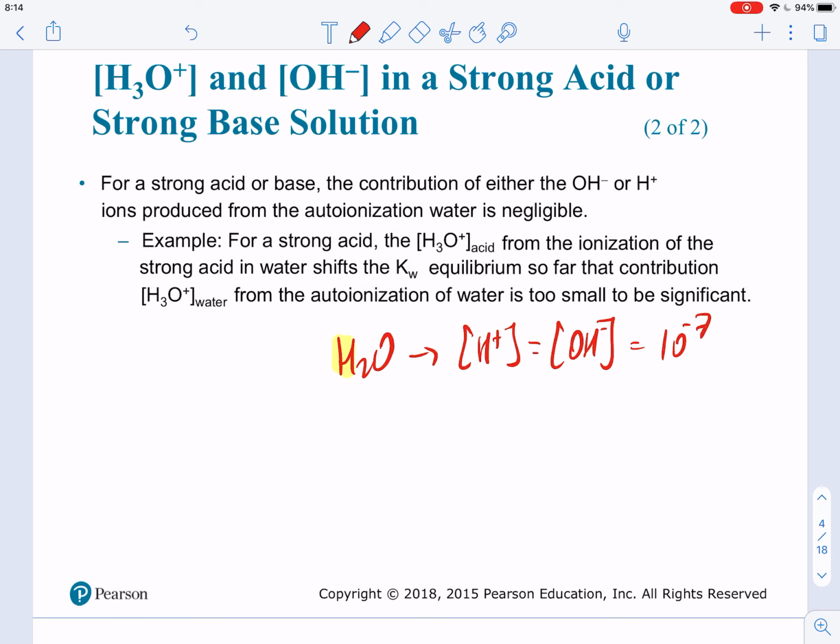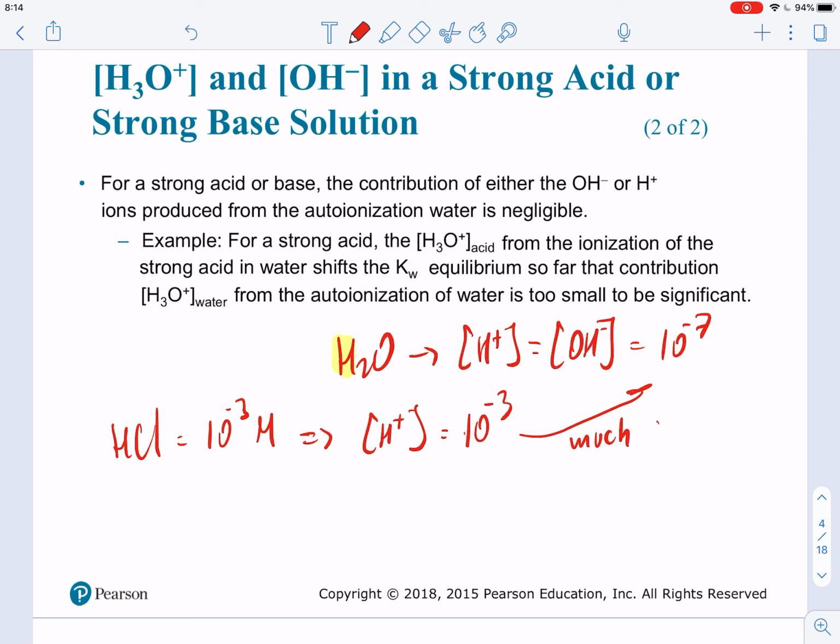So normally when you add an acid, no matter how small the quantity of an acid, if it's a strong acid, then the acid dominates. For example, HCl, even if you prepare 10 to the negative 3 molar of acid, which is a very dilute acid, here the concentration of H+ is going to be 10 to the negative 3, which is much larger than the contribution from water.